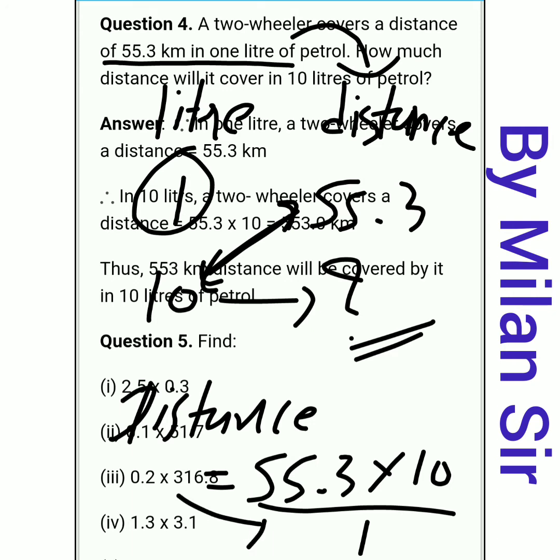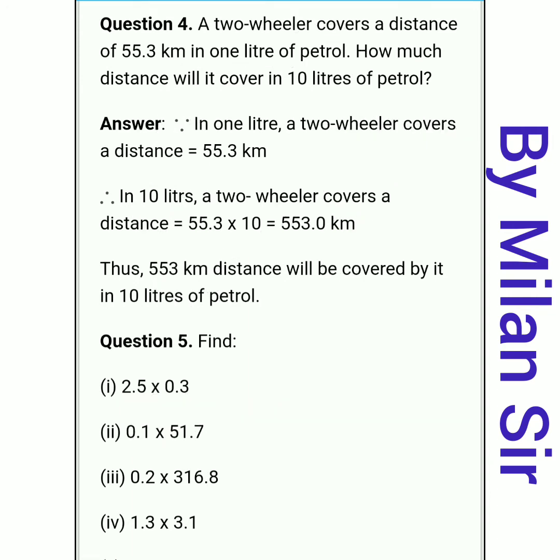If we divide any number by 1, we get the same answer, so we do not need to do the division. Alternately, our distance d is equal to 55.3 multiply 10.